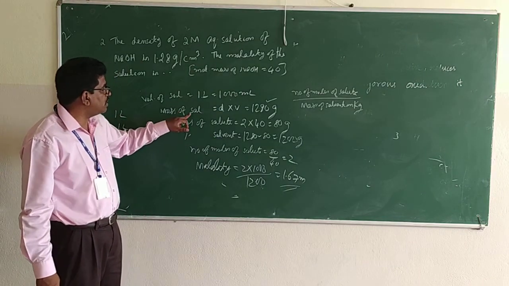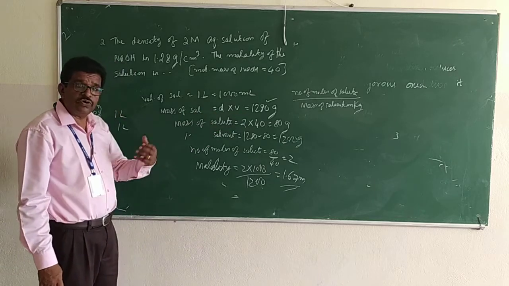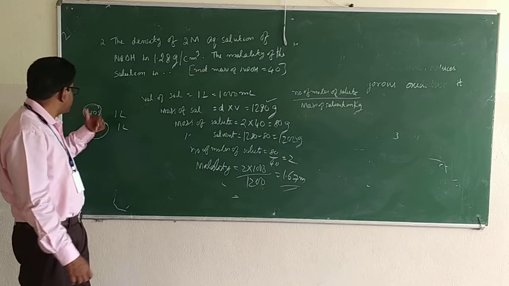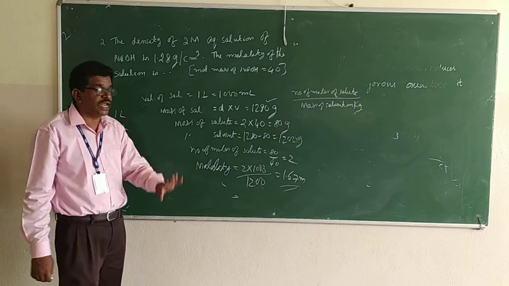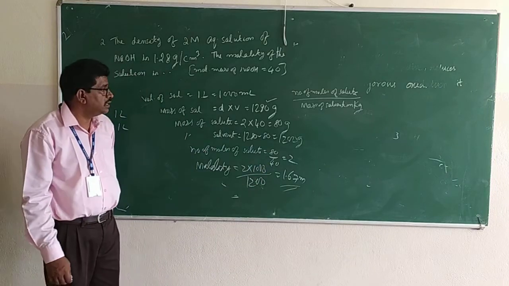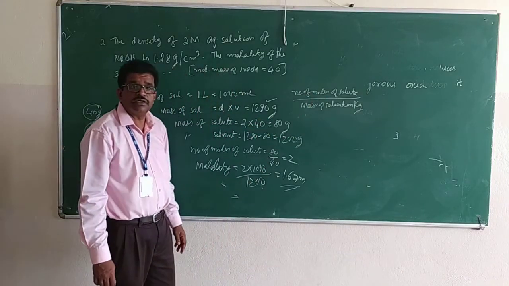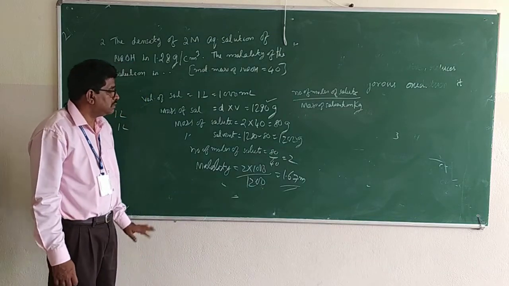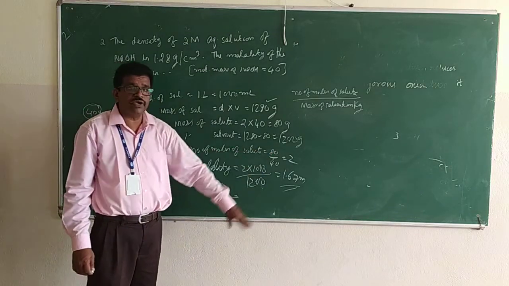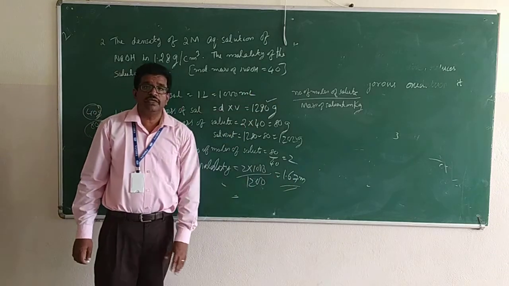Mass of solution we got: density into volume. And we know that in 1 molar solution 40 gram and in 2 molar solution 80 gram. So the solute we subtracted, we got mass of solvent. Number of moles is mass by molecular mass. Mass is 80 gram and molecular mass of NaOH is 40. So dividing, we got 1.67.